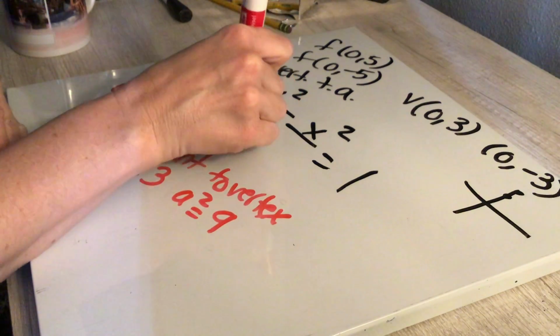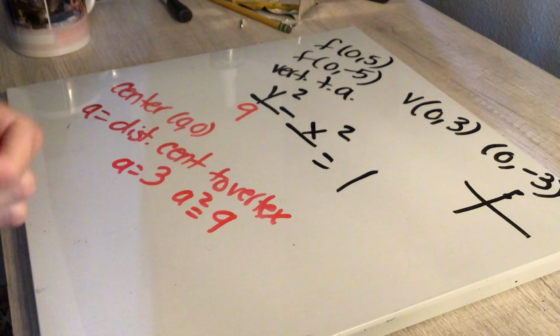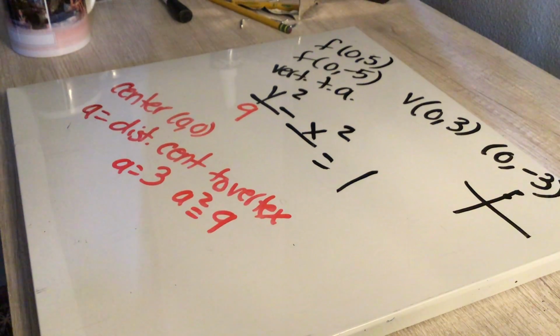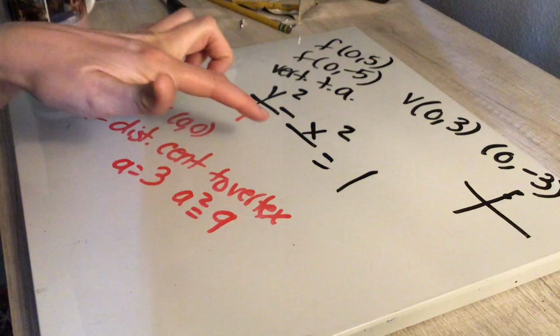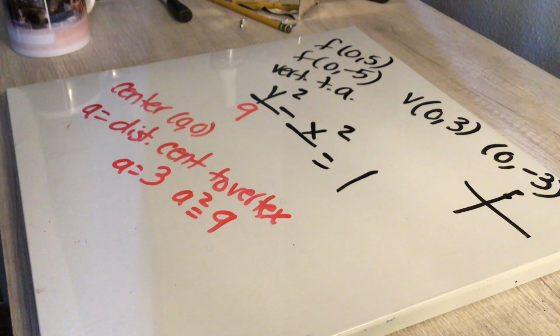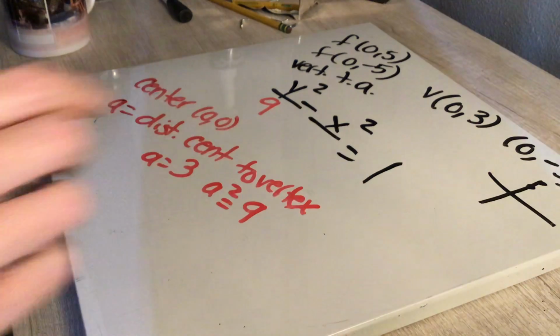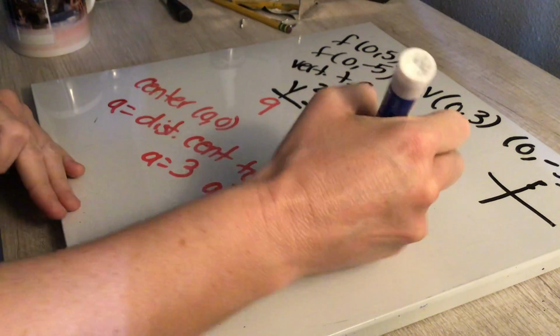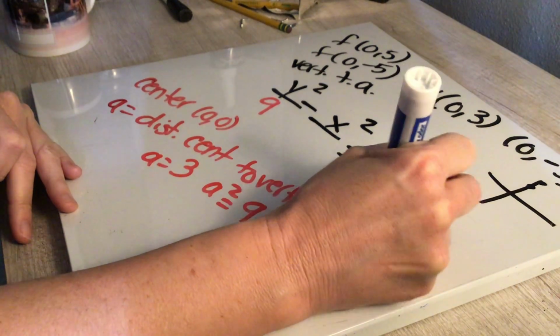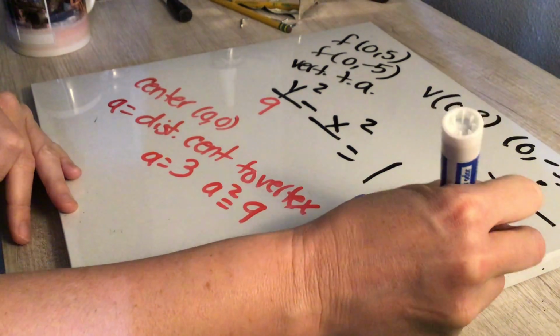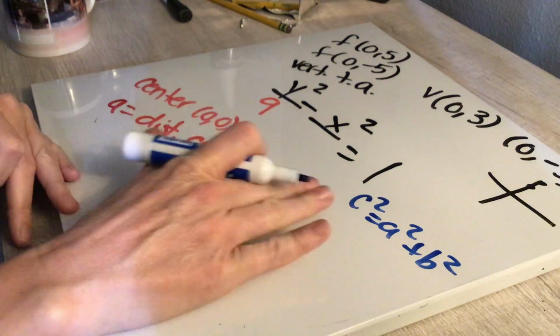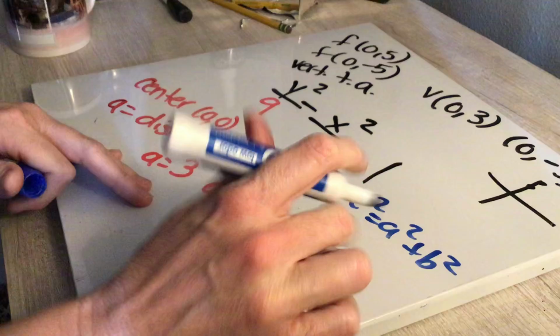So we get y squared over 9. Okay, then we need to find b, because that's our other coordinate, right? So we're going to use our foci. It tells us that c squared equals a squared plus b squared. So we want to find b, because we know a.